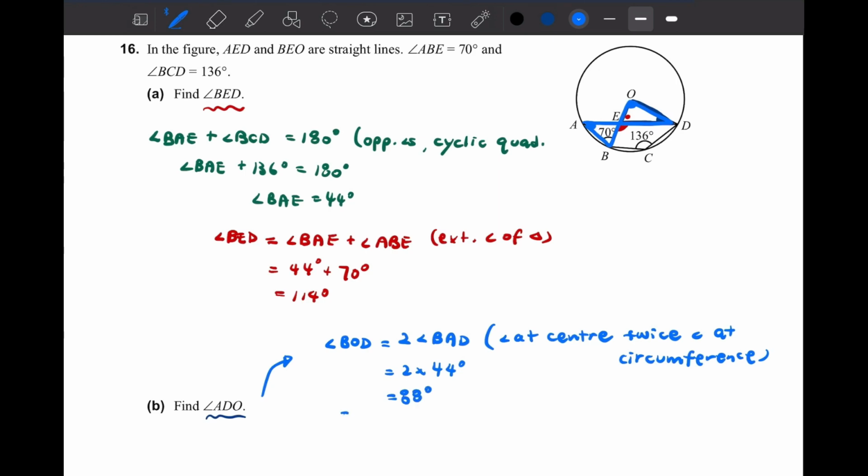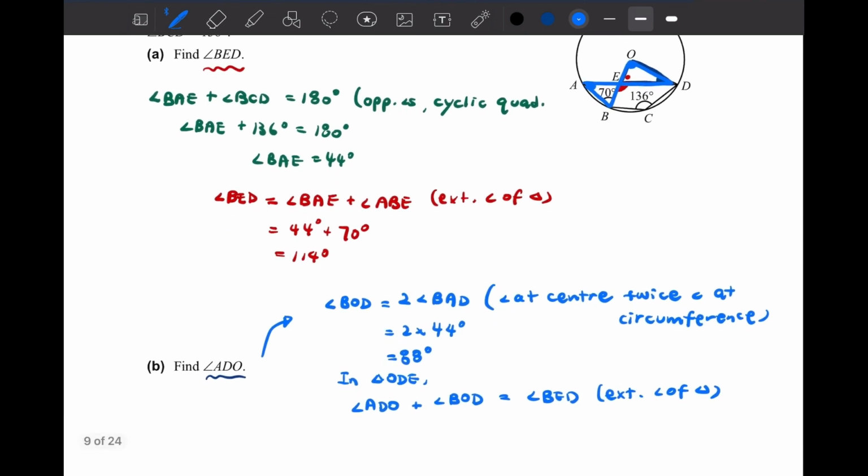So once you got that, then we can say in the triangle ODE, we can use the exterior angle of triangle. So ADO adding BOD equals BED. So therefore, ADO is going to be 26.